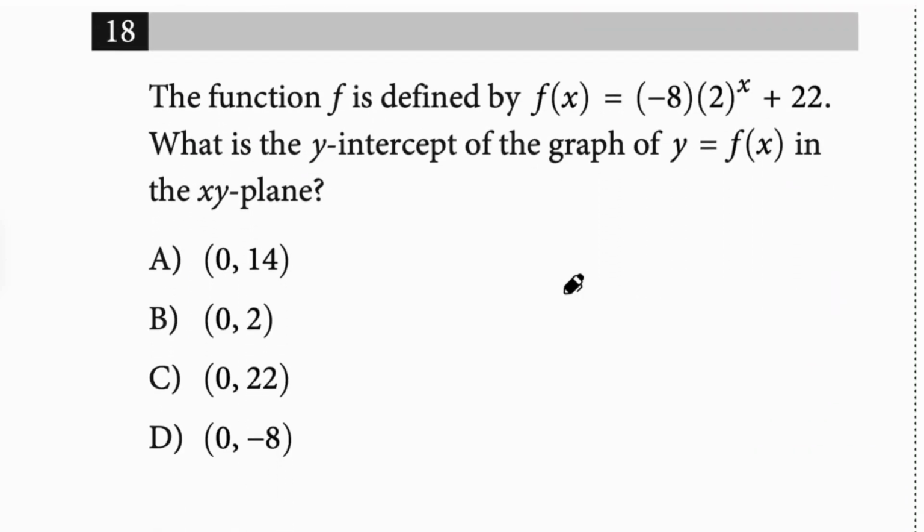Question number 18. The function f is defined by f(x) equals negative 8 times 2 to the power x, plus 22. What is the y-intercept? Now, these kinds of questions are lottery questions. You may be thinking, is this even a question? Why is it here in SAT? An SAT paper, or any competitive exam, is a very balanced one.